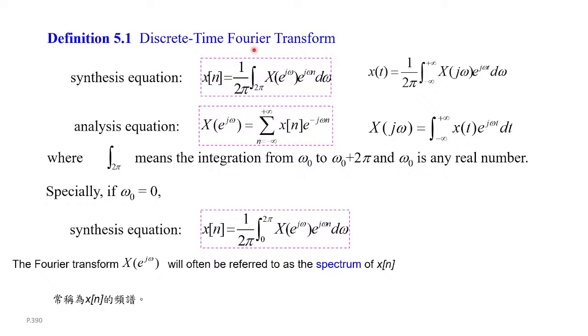So it's a periodic signal in discrete time, and you get this spectrum, which is continuous in omega, but has a period 2 pi because it's discrete here. And the equations are here. We have the continuous time comparison here, so you see they are very similar.